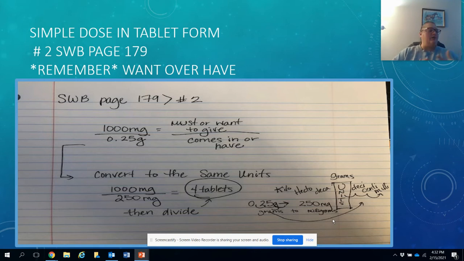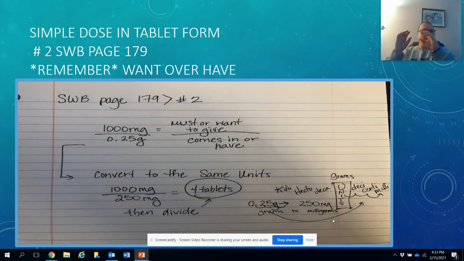All right, so we're going to get right into some of your questions from the workbook pages. This is from page 179, simple dose in tablet form, and this one is number 2. We have 100 milligrams is what you want to give or must give. And then what it comes in is 0.25 grams. Well, we need to make sure that we convert it to the same units.